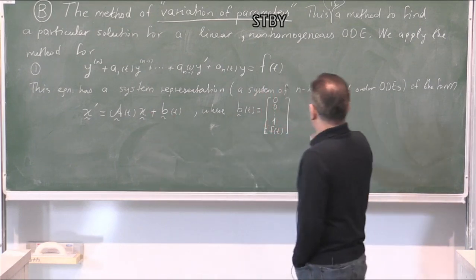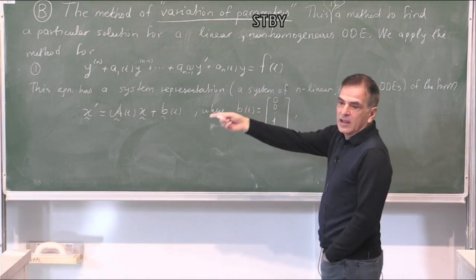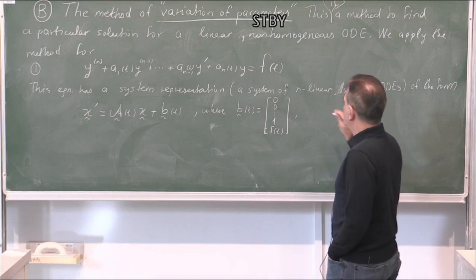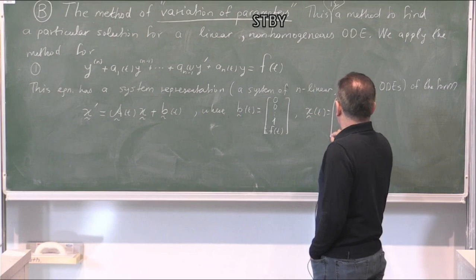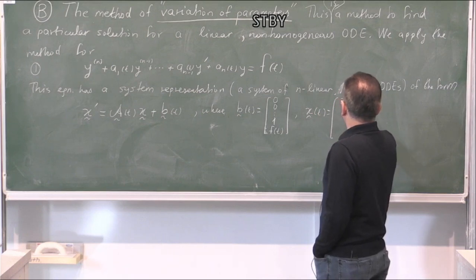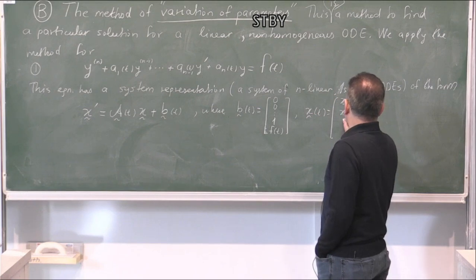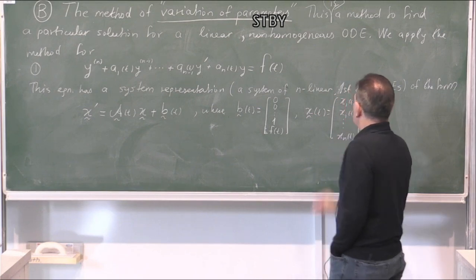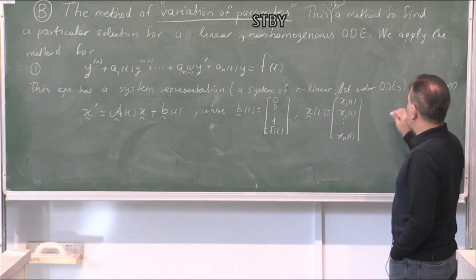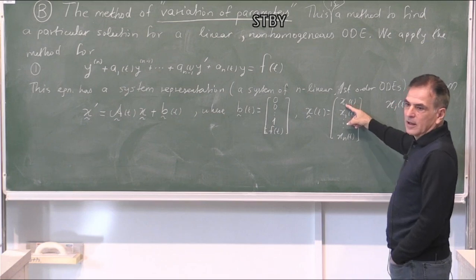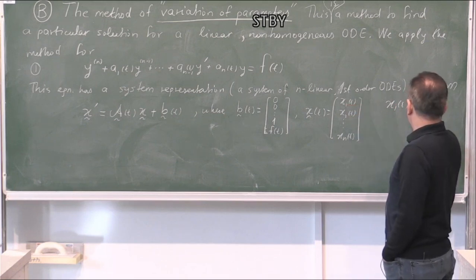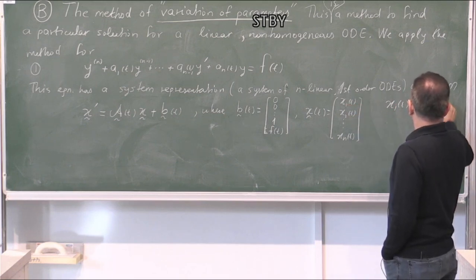Also, we know the form of A, in that case, not important, and x of t is a vector valued function with components x1, x2, xn of t. Okay? And what is also known, we know that x1 of t, the first component function, is nothing but y of t.